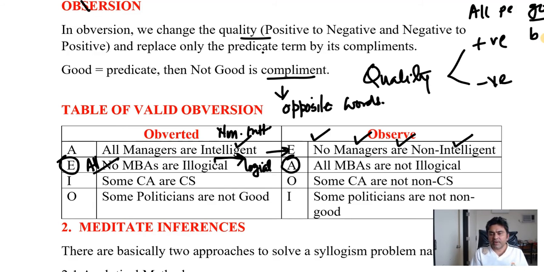Next, some politicians are not good. Not good means non-good or bad. Some will remain some, politician will remain politician, are means are, and instead of good I can write not non-good.